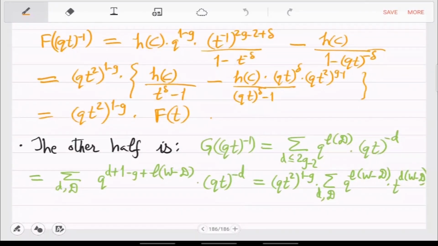Q raised to L and T raised to D, and then as Madhavan said, as we are going over all the divisors, either you go over the divisors D or you go over W minus D, it's the same thing. You have the same space. So that symmetry will help.